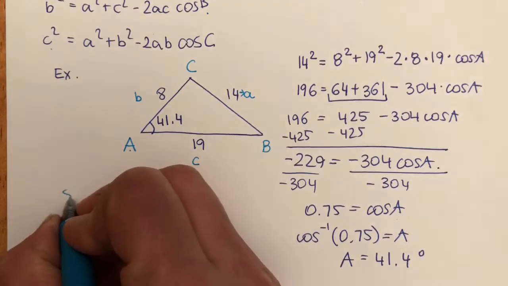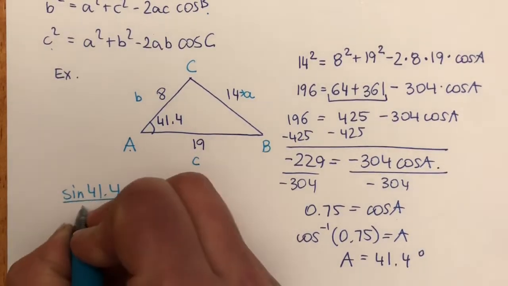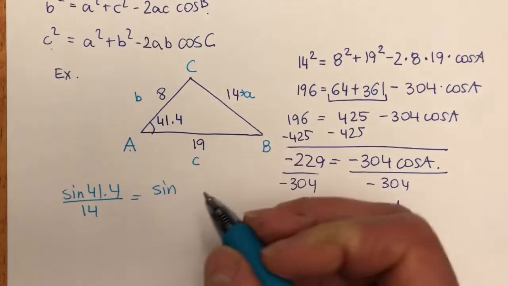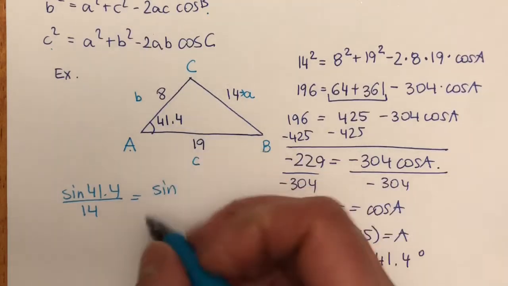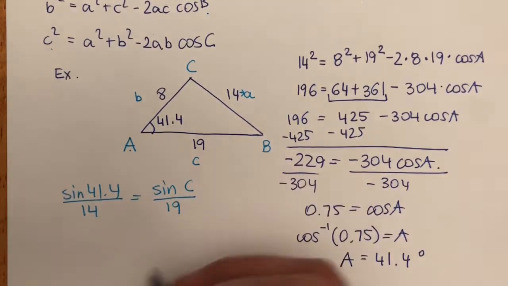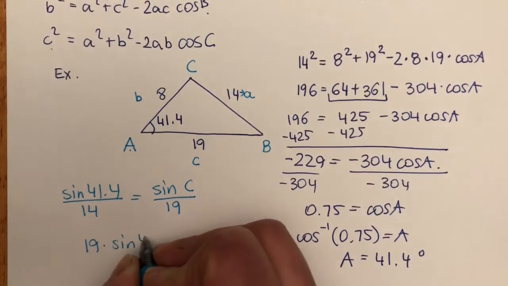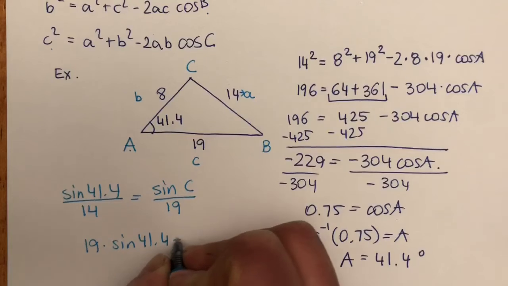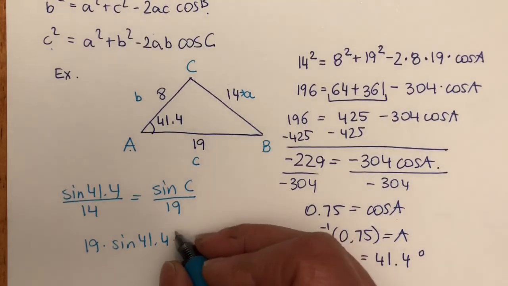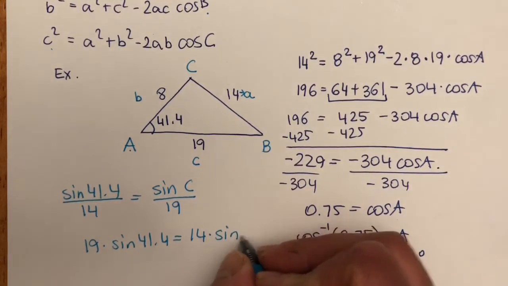So I am going to say sine of 41.4 divided by 14 is equivalent to sine of, well, let's take angle C divided by 19. 19 times sine of 41.4 is equal to 14 times sine of C.